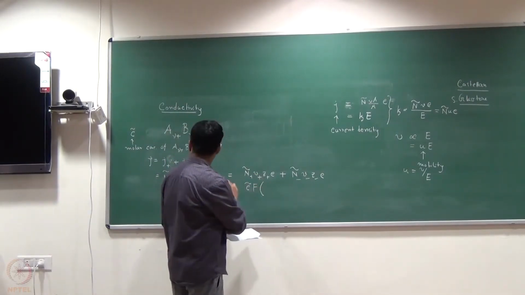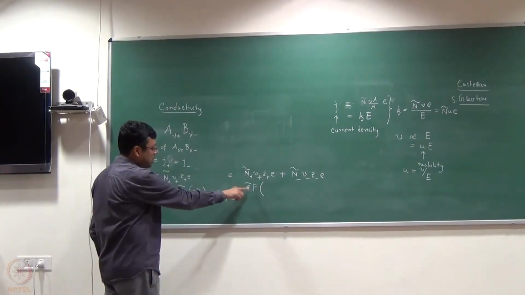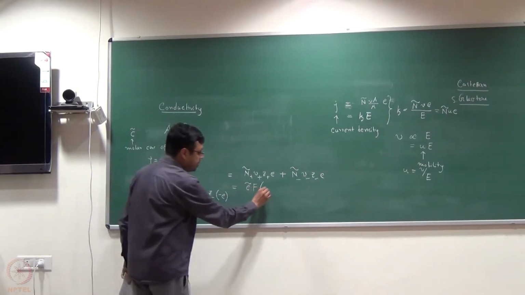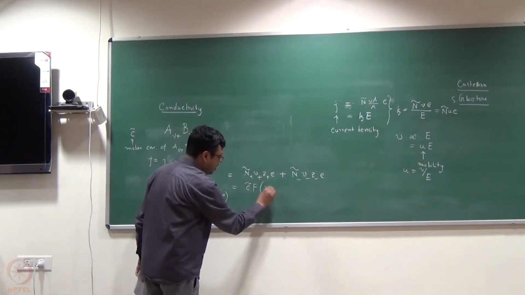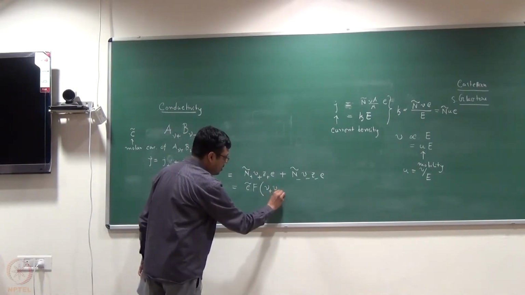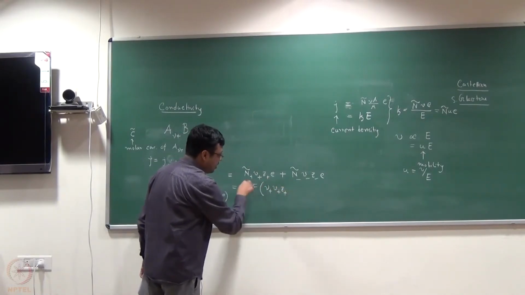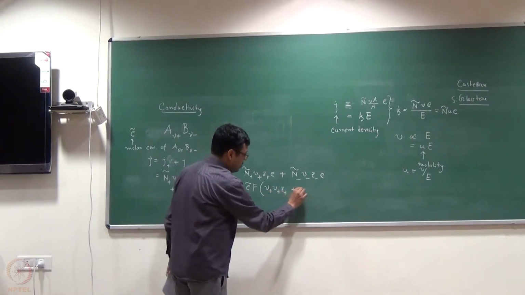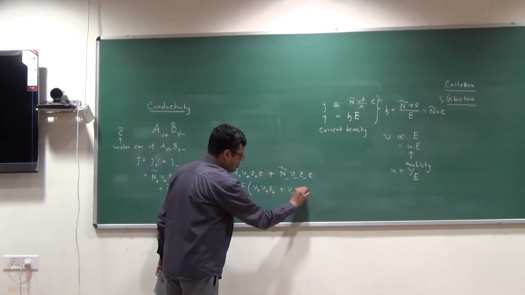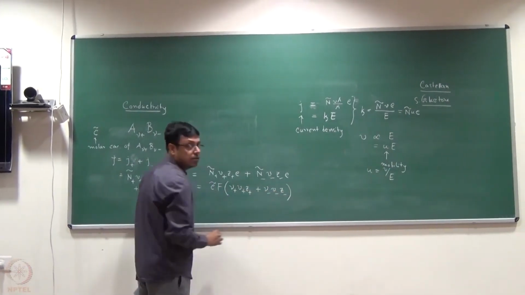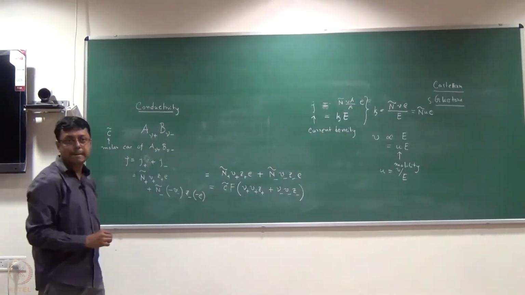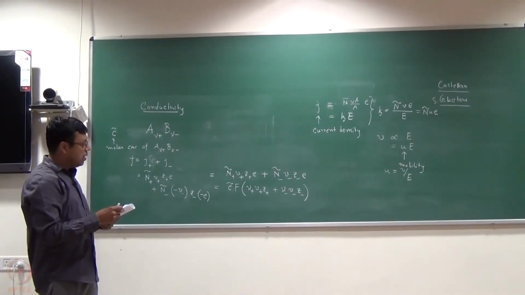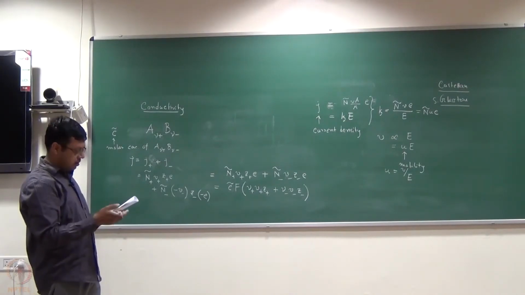And then inside, N plus I replace by C times Avogadro number times nu plus. So inside the bracket I will have nu plus, V plus, J plus. E I have already taken inside F. Plus I have nu minus, V minus, Z minus. Clear?